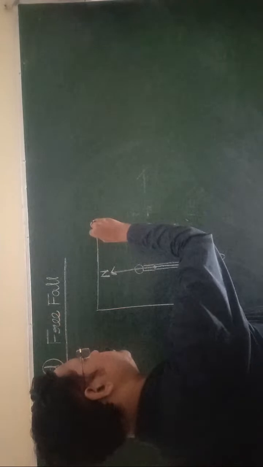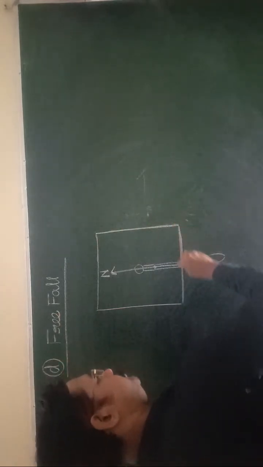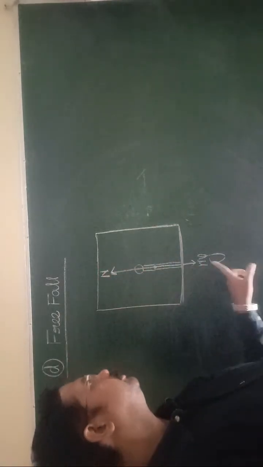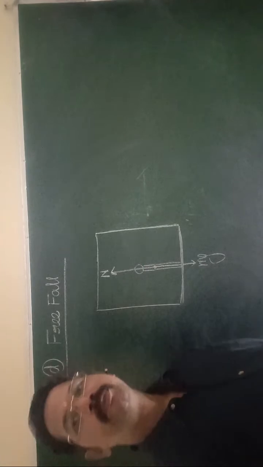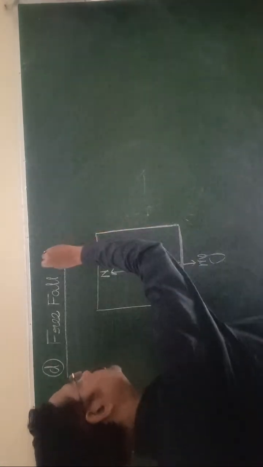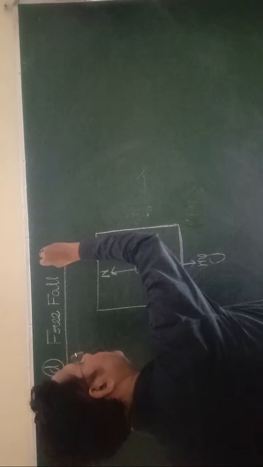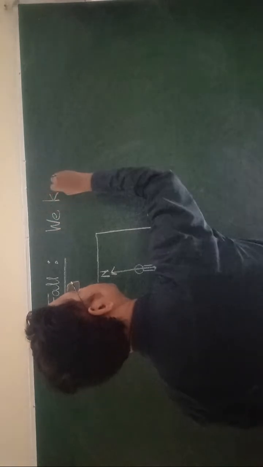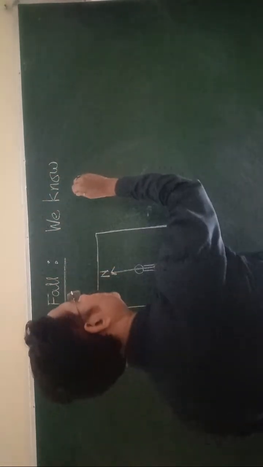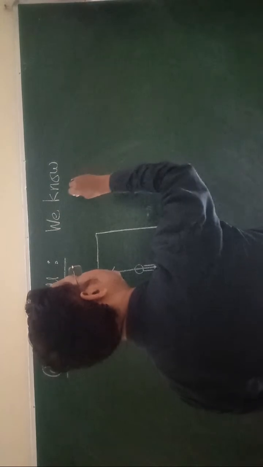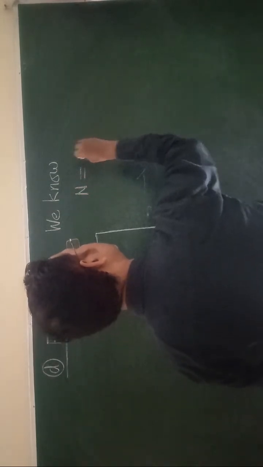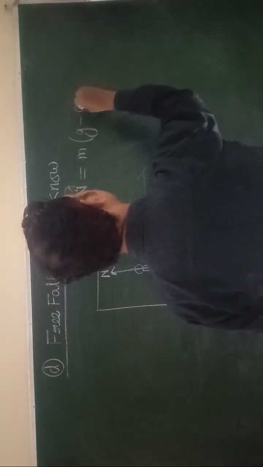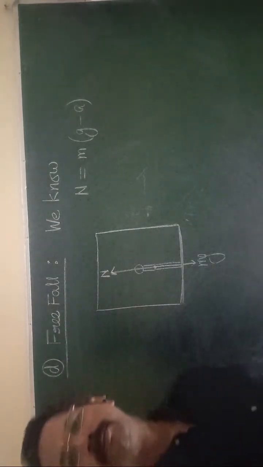You know the normal situation. If there is mg, there is a normal reaction. For the downward direction, we know apparent weight is equal to m into (g minus a) for the downward fall.